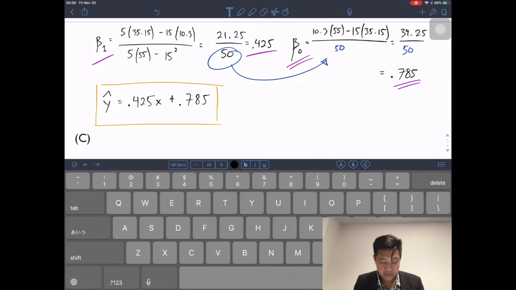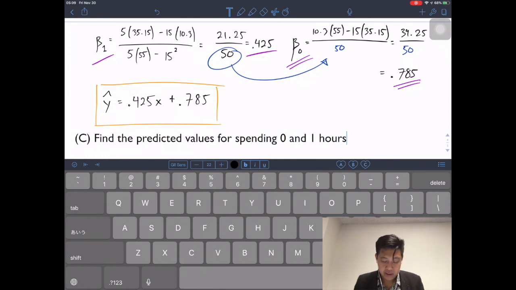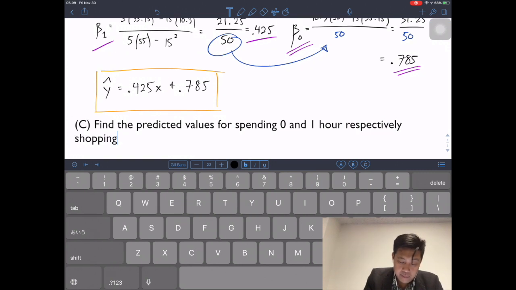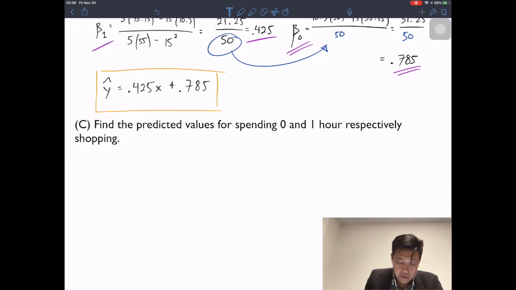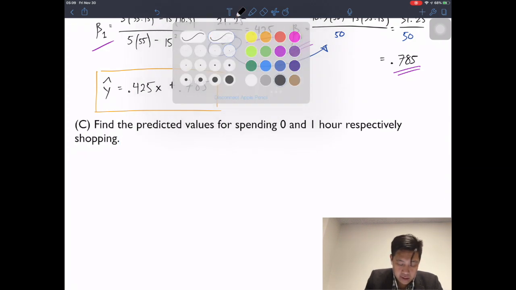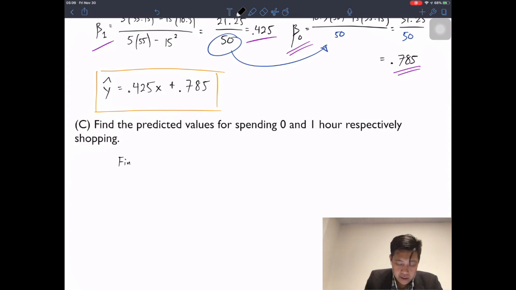So I would say find the predicted values for spending 0 and 1 hours, respectively, shopping. Basically, this is asking you to find y hat for x equaling 0 and x equaling 1. That's all. It's just a contextual way of saying it.